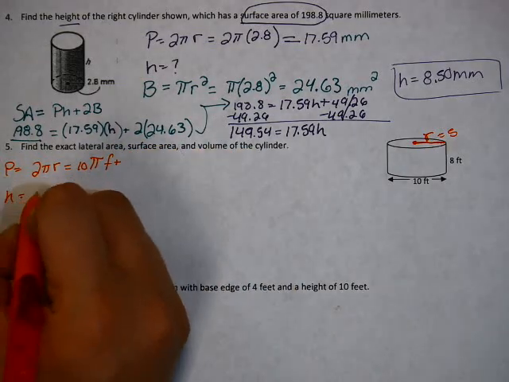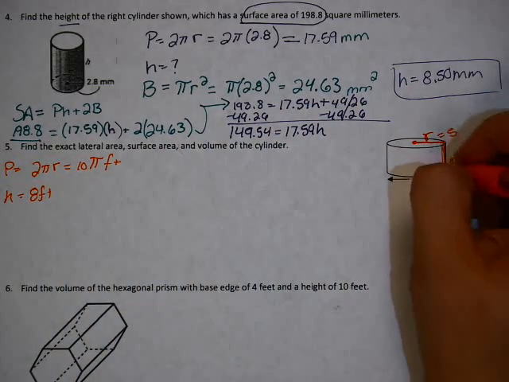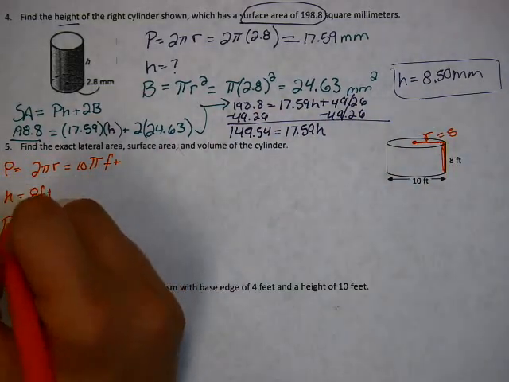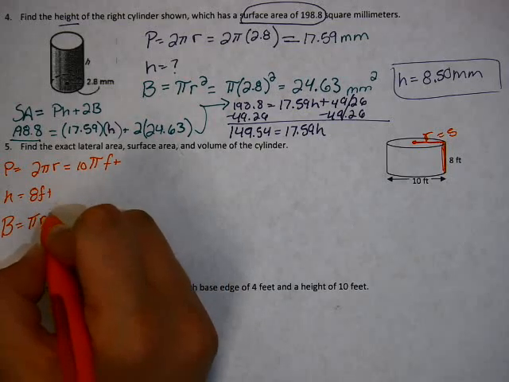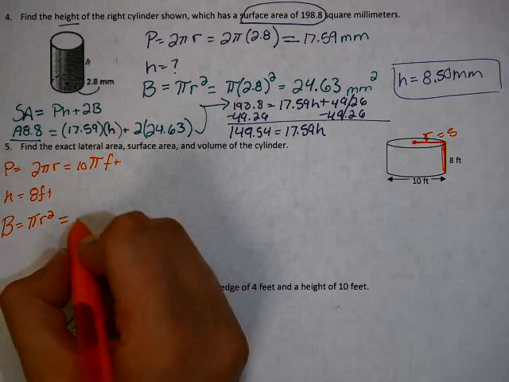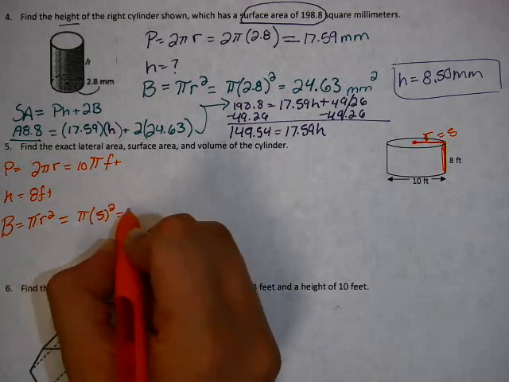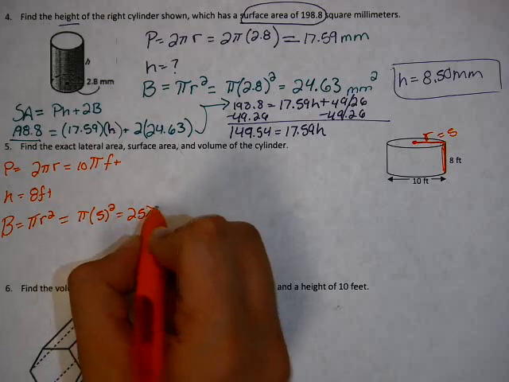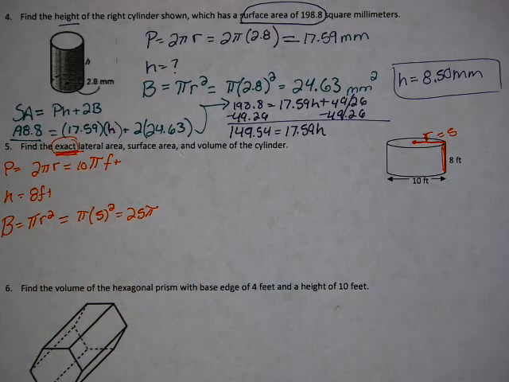The height is 8 feet. That's given to us, so base to base. And the area of the base, pi r squared, because it's a circle, pi times 5 squared would be 25 pi. Okay, so keyword exact here.